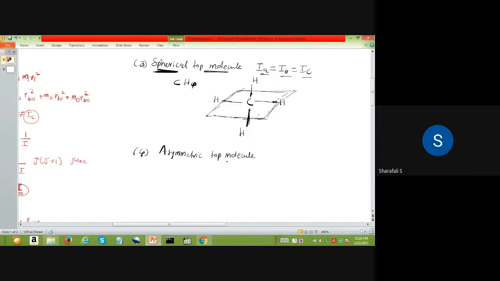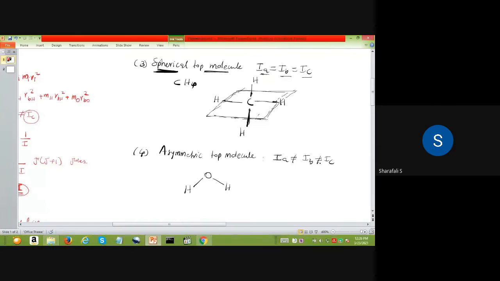In the asymmetric top molecule, we have IA not equal to IB not equal to IC. And one example we already discussed is the water molecule. We have already shown that IA not equal to IB not equal to IC for the case of the water molecule.